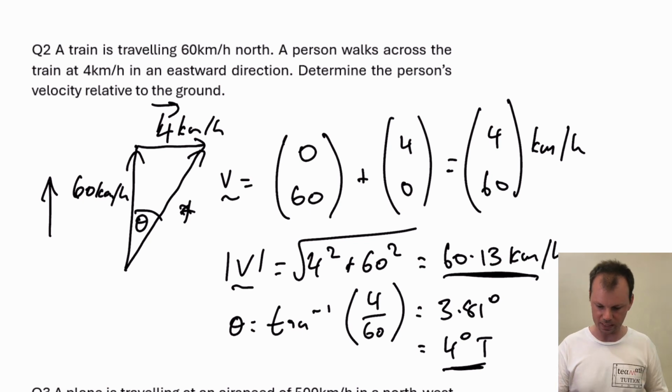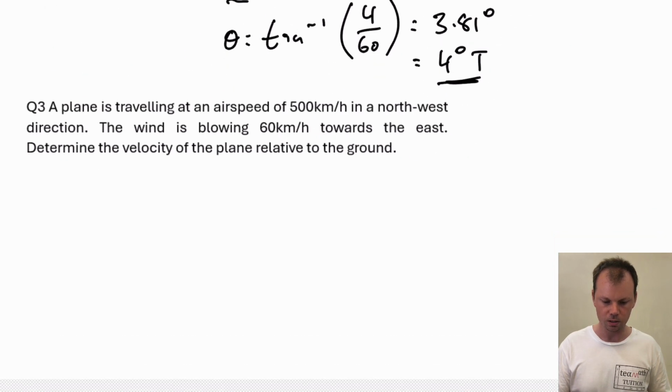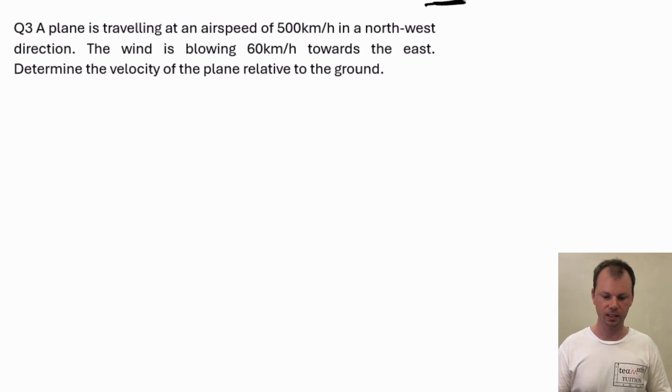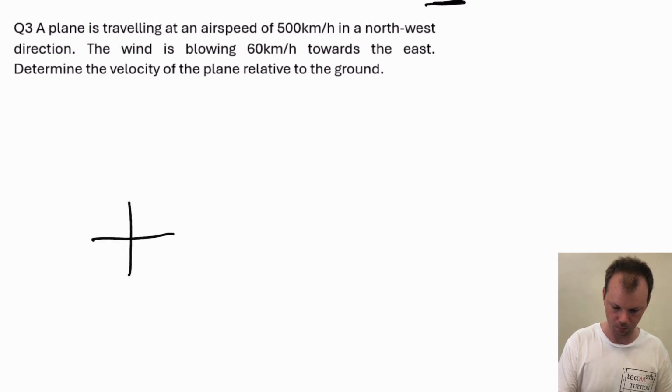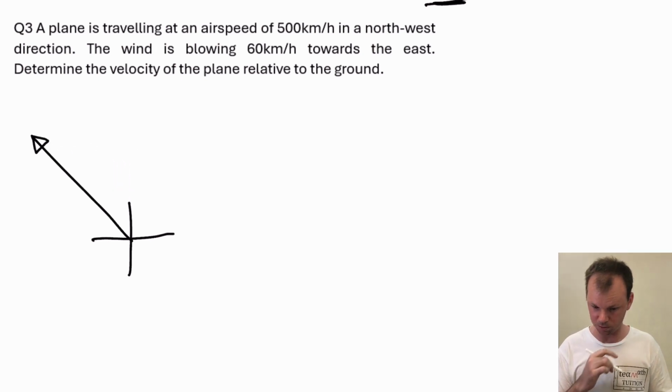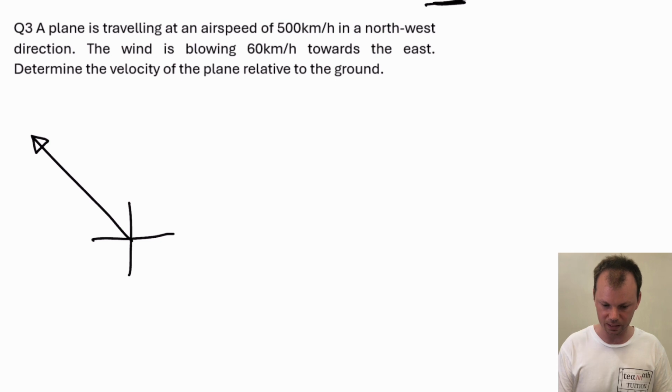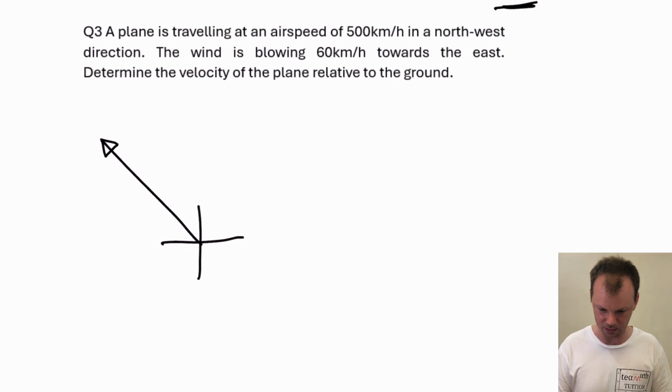We'll look at one more example. In this case we have a plane traveling at an airspeed of 500 kilometers an hour northwest. So northwest, it's going 500 kilometers per hour. We've got a wind blowing 60 kilometers per hour towards the east.